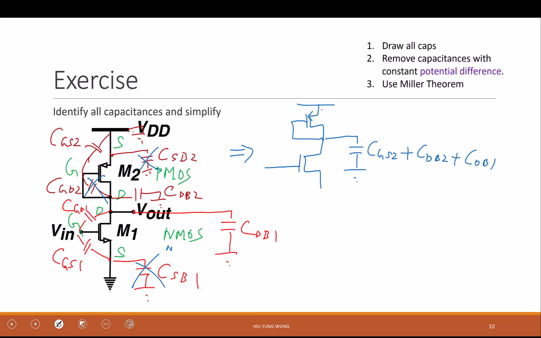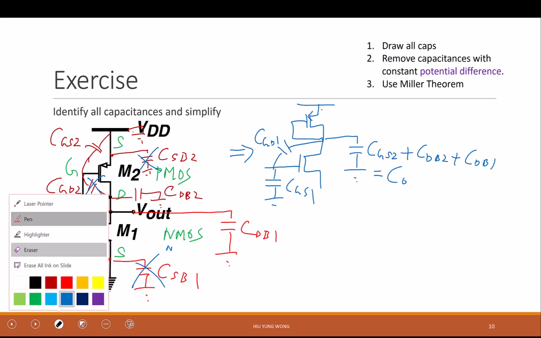Which 2? CGS1 and then this one, CGD1, okay? So you are almost there. I maybe call this C out. Okay, call this C out. I only have 3 capacitors now.